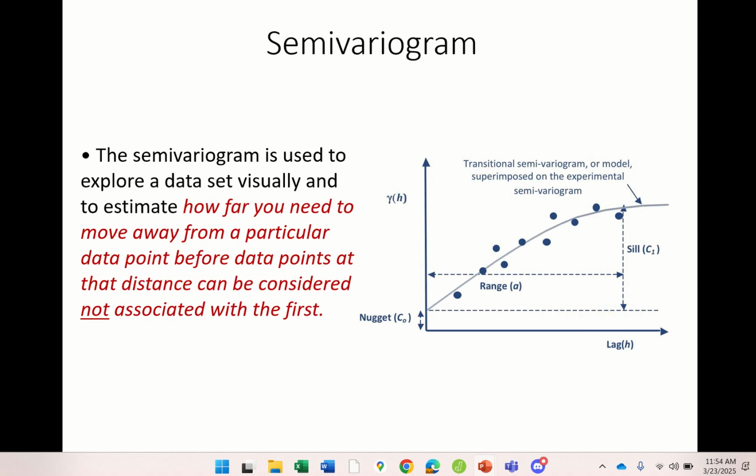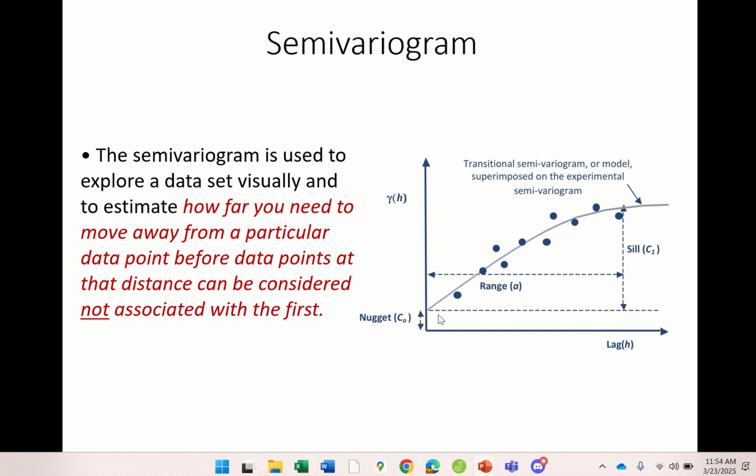If I look at the semi-variogram a little closer, it shows us how far we have to go before the values at any two points have nothing to do with one another. You can see in this semi-variogram we have something called the lag, which is the horizontal distance. Then we have this Greek letter up here, which is our variance, how much those two values differ.